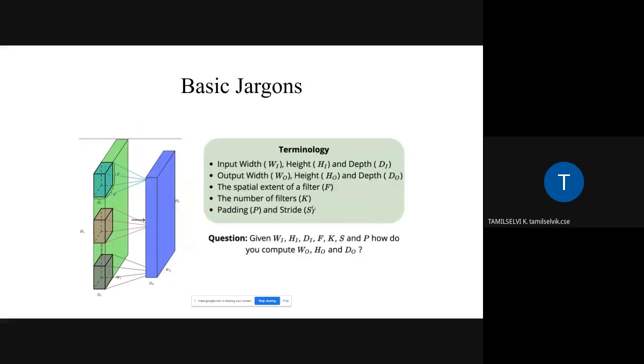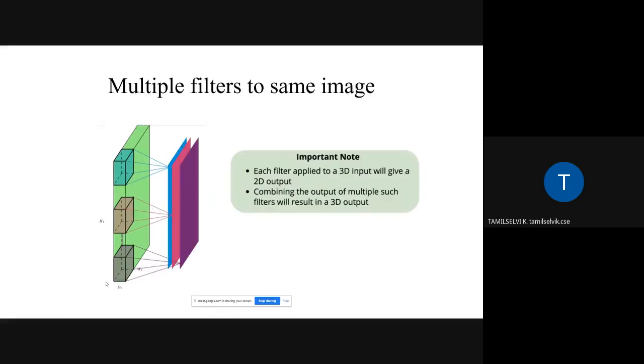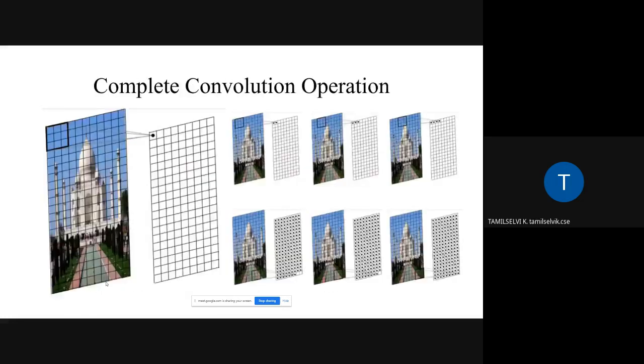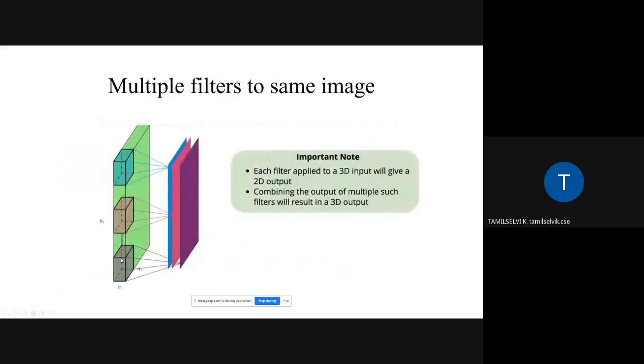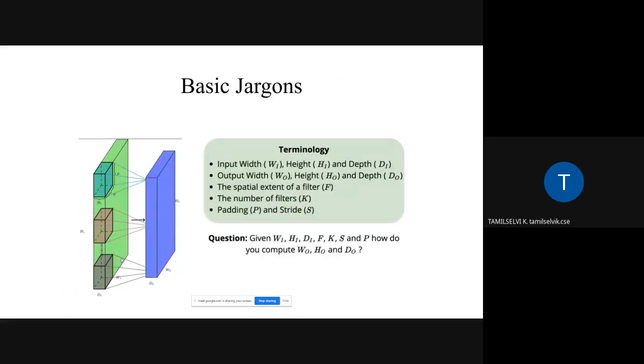With this, I hope you got it. Next, what are the basic jargons? Here the input has width, height and depth. This is the width, this is the height and this is the depth. Depth is mostly the number of channels. Height and width are nothing but the matrix.